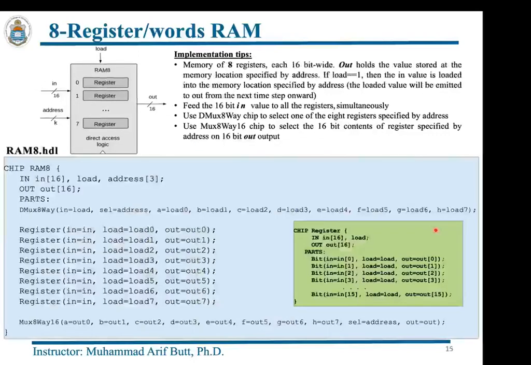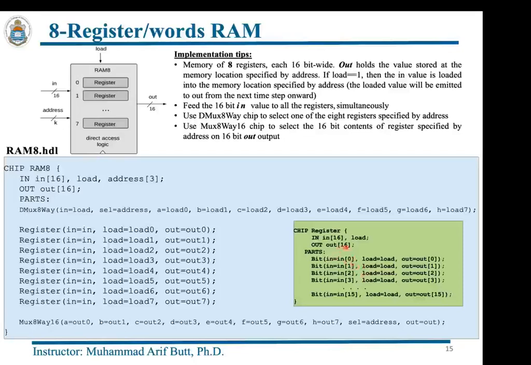Okay, now I think we are well equipped to write the HDL for this RAM 8 chip, that is memory having 8 registers, each of size 16 bits. It's quite simple. In the last session, we have already written the 16-bit register chip, whose HDL is shown over here.